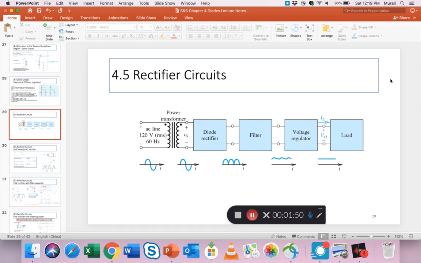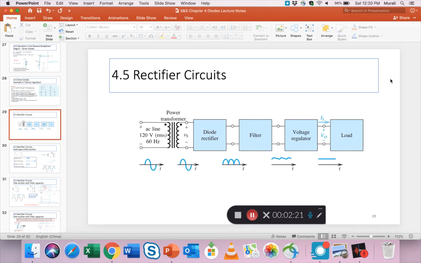Okay, so rectifier circuits are probably not something too new to most of you. I'm sure somewhere or the other you've been exposed to a little bit at least of rectifiers. I remember even in our last class, 188, we had the opportunity to look at some diode circuits very briefly.